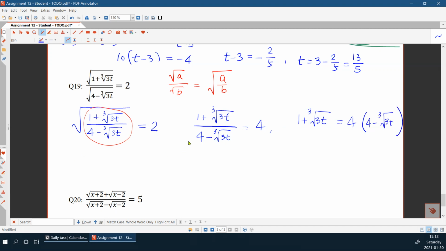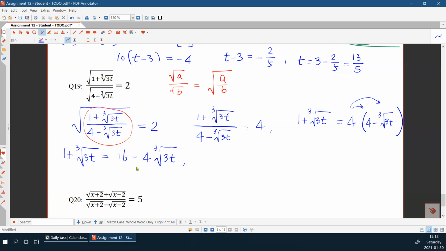Next, use the distributive law to expand the right-hand side, which gives us 1 plus cube root of 3t equals 16 minus 4 times cube root of 3t, right? Now merge similar terms and all the constants.